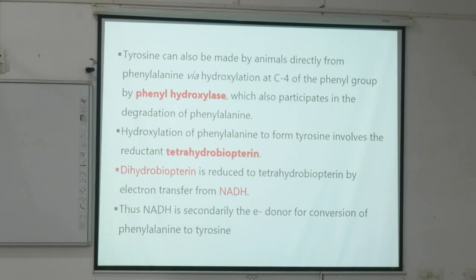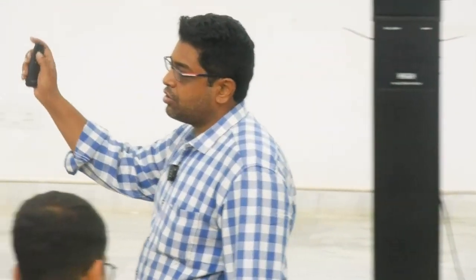Then again break the homogentisate with the help of homogentisate oxidase, and you get maleylacetoacetate. Then it will rechange itself into fumarylacetoacetate. Then it is broken down into acetate and fumarate. Fumarate will go to the TCA cycle, glucogenic. Acetate will go to the ketogenic pathway. So this is both glucogenic and ketogenic. So easy.